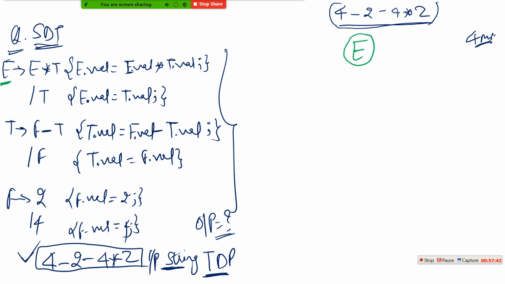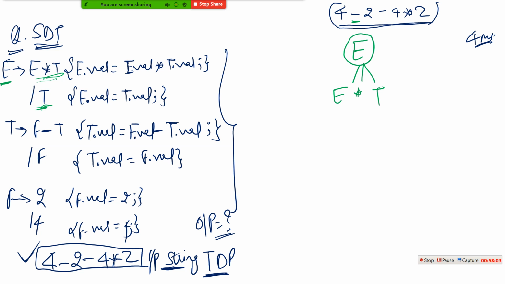Now next, I need a subtraction here, but I don't find any direct transition from E which consists of subtraction. I only have E multiply with T, or T. So I would rather take E multiply with T, because I don't have any subtraction.